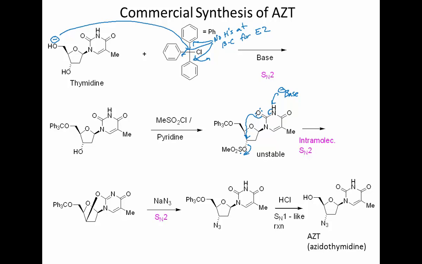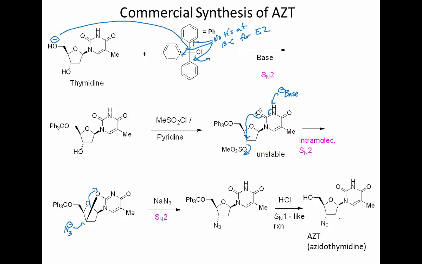Sodium azide does the SN2 reaction with inversion of configuration to get the compound immediately to the right, and we just have to remove the triphenylmethyl group in an SN1-like reaction with HCl to produce the final product.